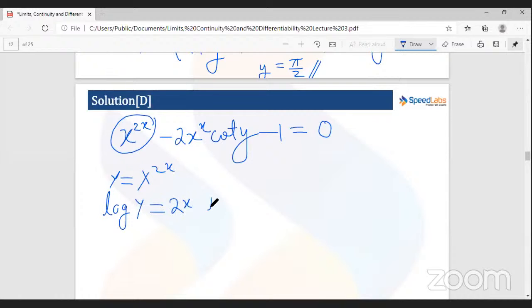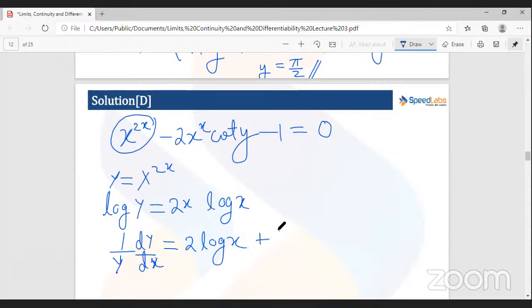Log y equal to 2x log x, and now I'll differentiate here. So 1 upon y dy by dx equal to 2 log x plus 2x by x. This is in the form u into v.